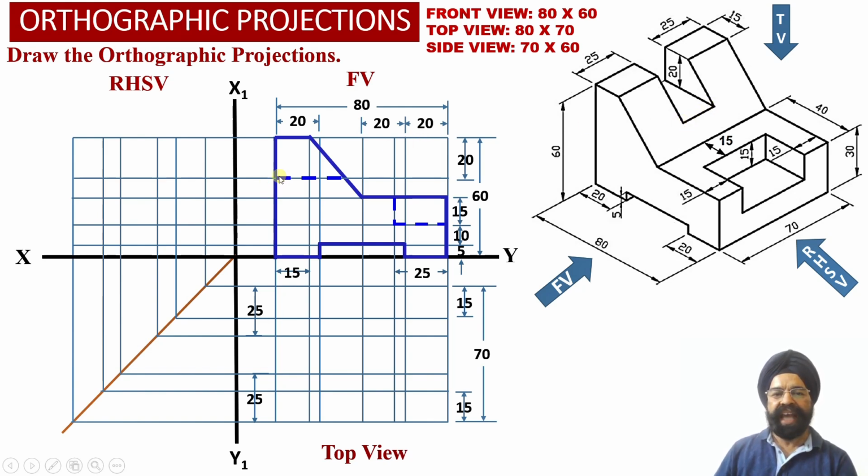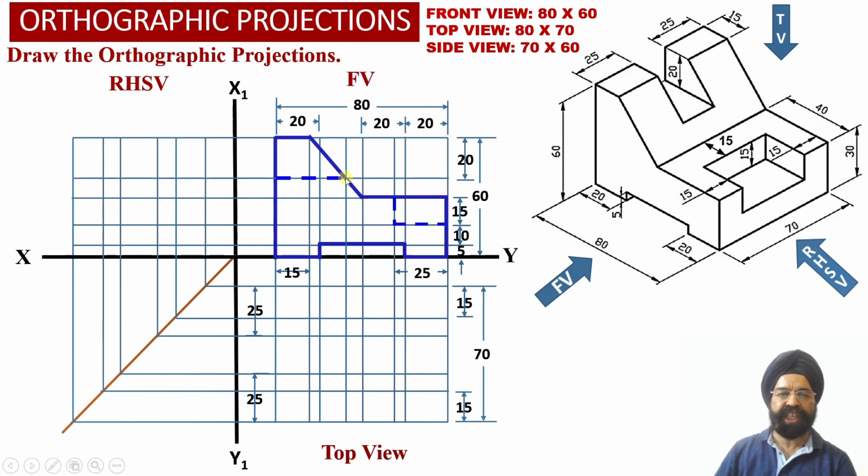As we have obtained the orthographic front view projections, we know the location of these 2 points is provided at this particular position. So what we have to do now, from this point we have to draw a vertical projector line which is going to indicate the location of these 2 points in the top view orthographic projections.